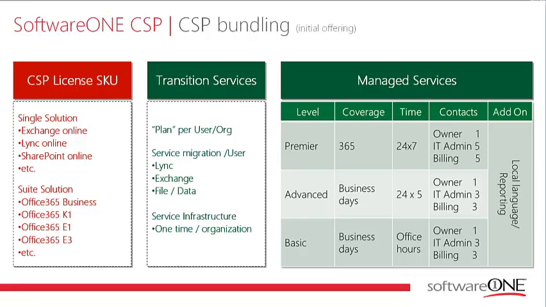Our basic service is business days, office hours, but the response times on priority items are much faster. You get to help decide the priority, right? If your CEO's down, it's a priority A for us. And our services are backed with a premier contract. So if our team can't solve that for you quickly, we're opening premier contracts. We're doing it. So it's a very cheap way to get premier support, essentially without worrying about paying for it.